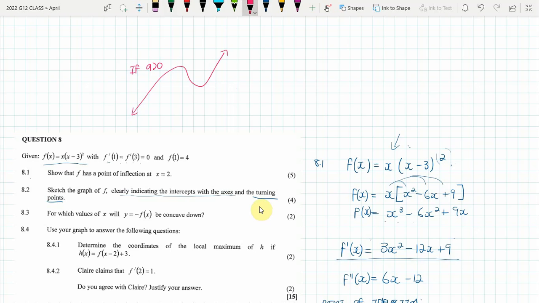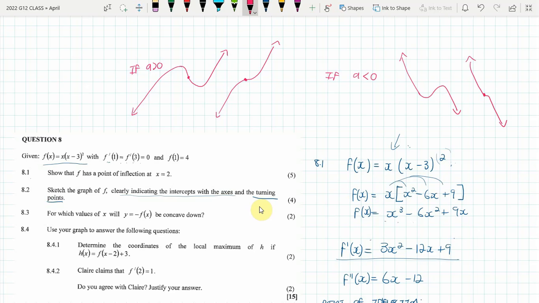It might be something like that, or it can be a graph without turning points, but it will still have a point of inflection. But if a is negative, then the graph starts off as decreasing. It might take this shape if it has turning points, and look like this if it doesn't.